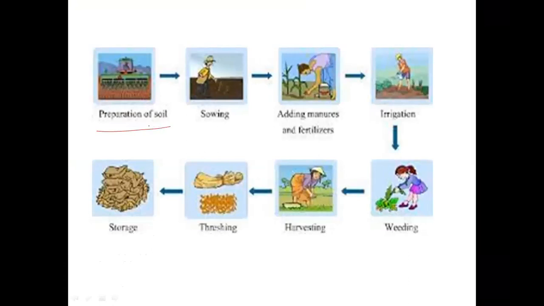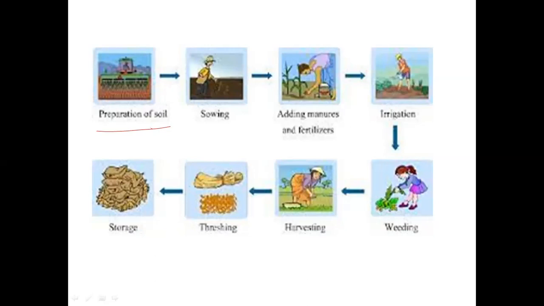The preparation of soil is necessary so that when we plant crops in it, we can get enough yield from that land. First, we have to make the soil fertile, loosen it, and add manures to it.